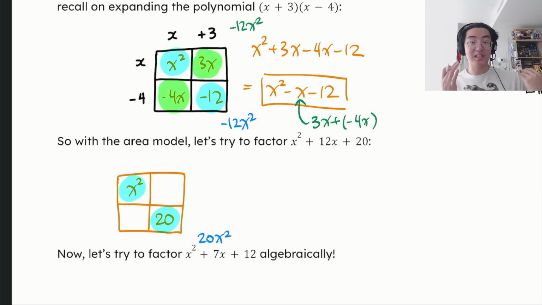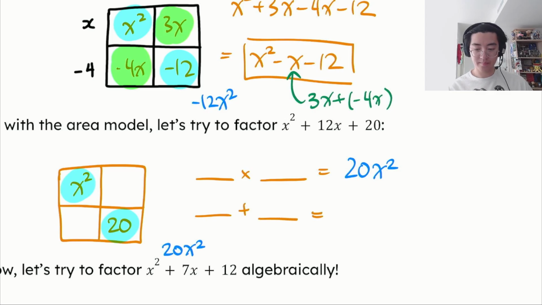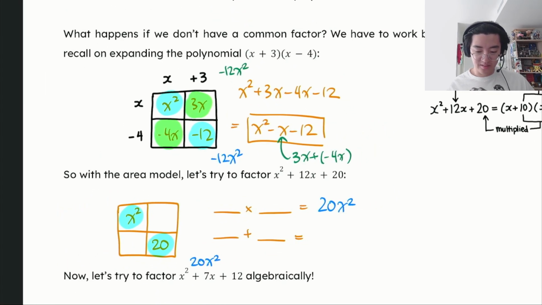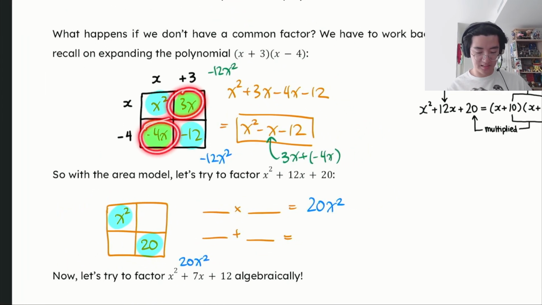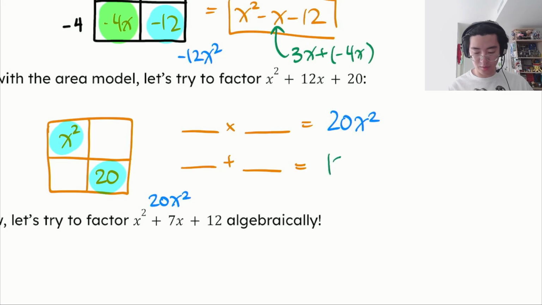So this is actually all the information that we need. Those two terms, when they multiply to each other, we must get 20x squared. And then those two terms added up have to add up to this middle term here. Because when we add those two things up, 3x and negative 4x, we got minus x in the middle, because we're just combining like terms. So this must add up to 12x.